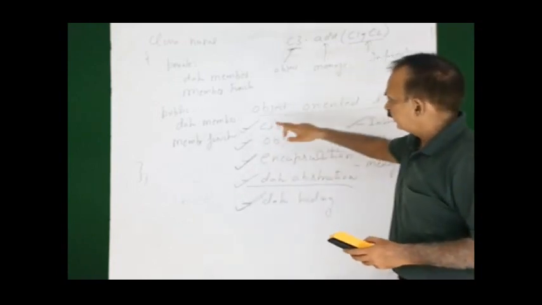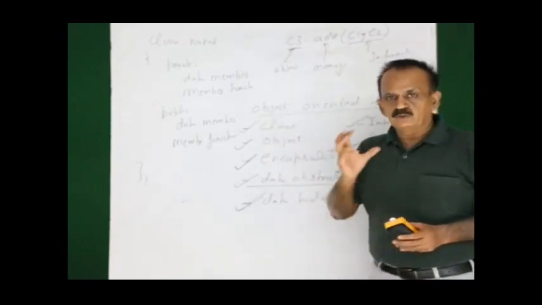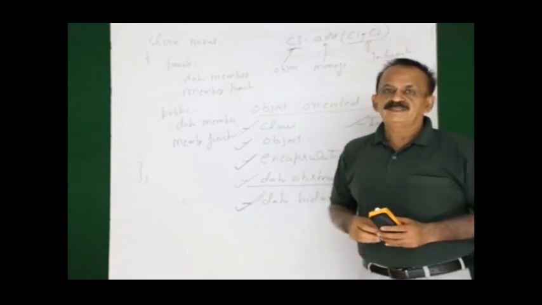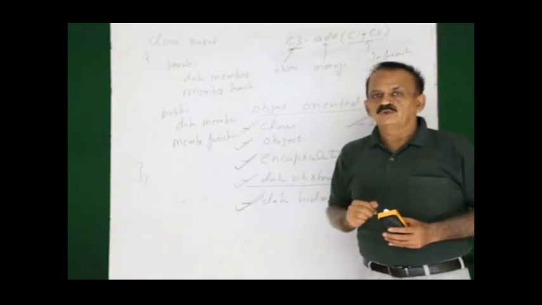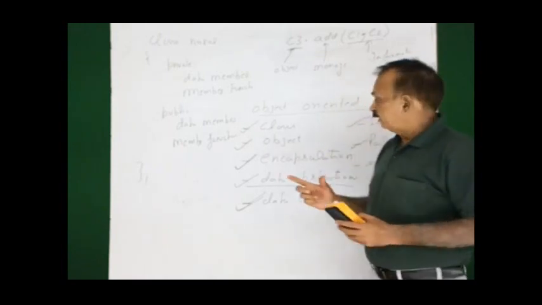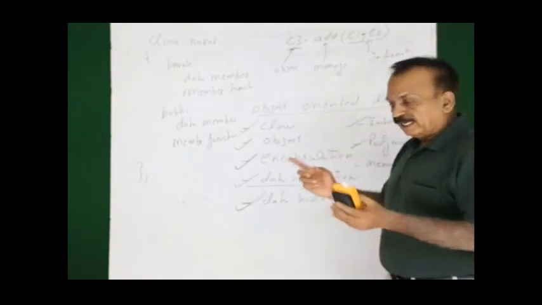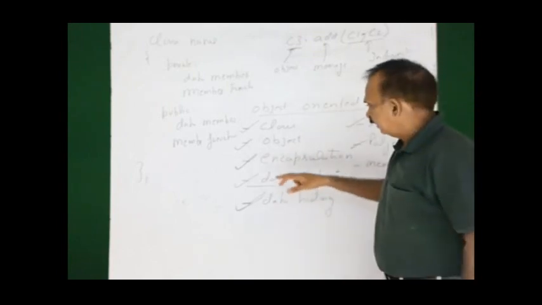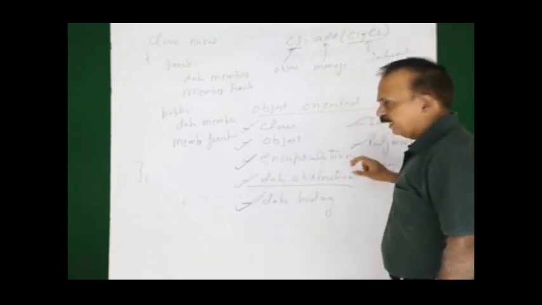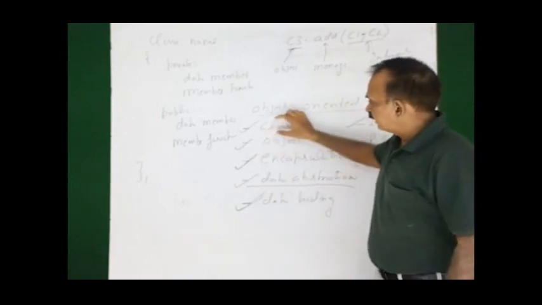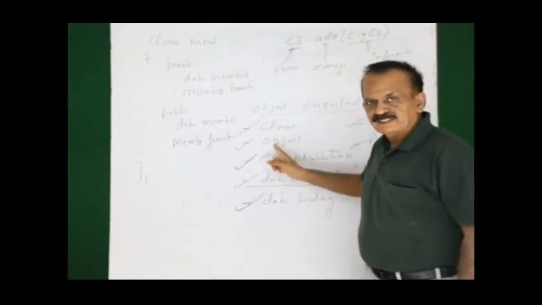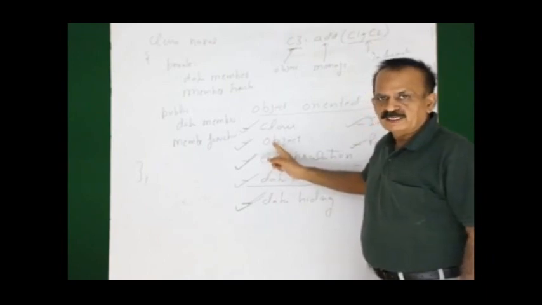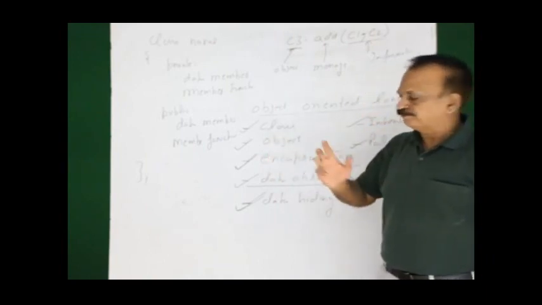Now these are some of the features of object-oriented programming. The first one is class. It is a user-defined data type which is a combination of the data items and the operations performed on those data items. These two are enclosed in a single structure, and that is what is known as encapsulation. This is a data type. When the variables of this data type are created, those are known as objects.